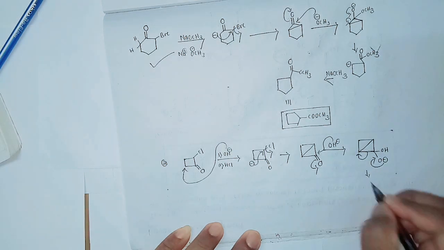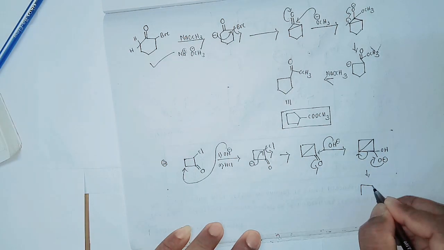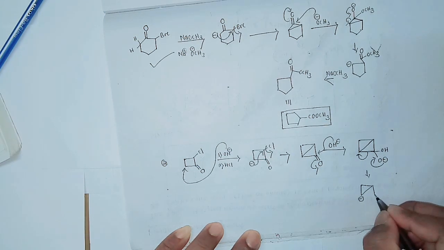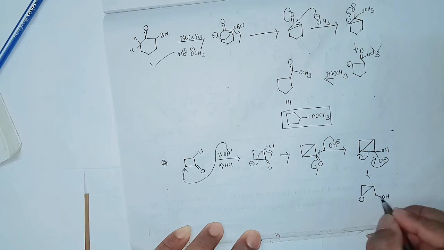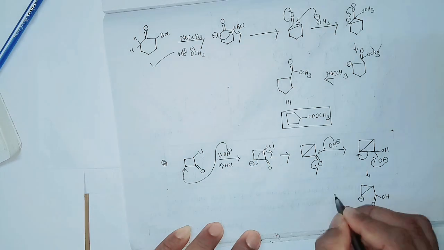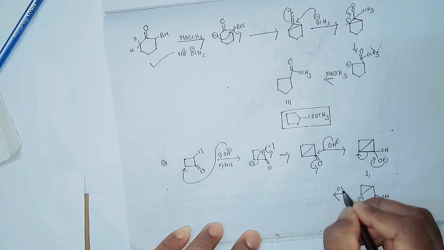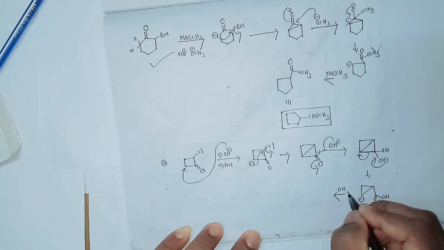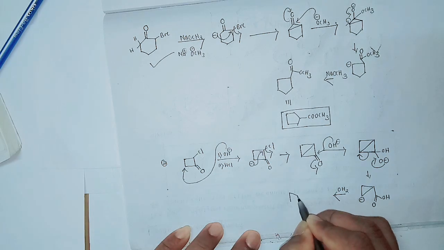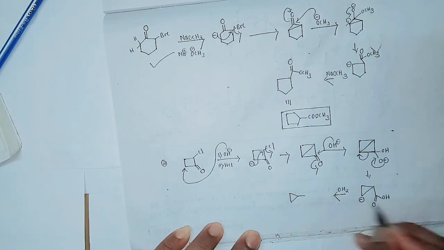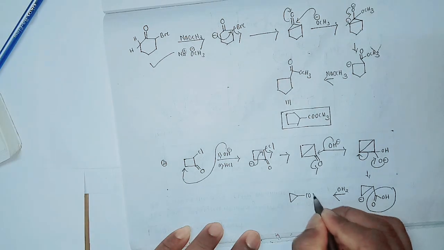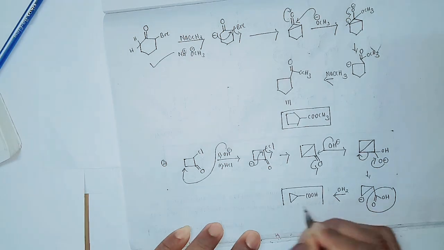Finally we get this negative charge, with the OH group and double bond O. After protonation with H2O, a water molecule, we get this type of product. This can also be written as the COOH carboxylic acid group. So this is the final product for this reaction.